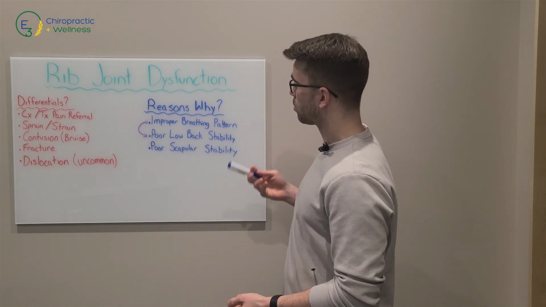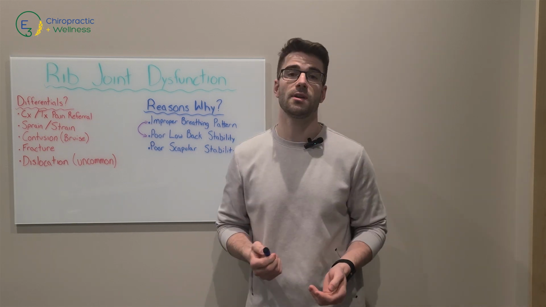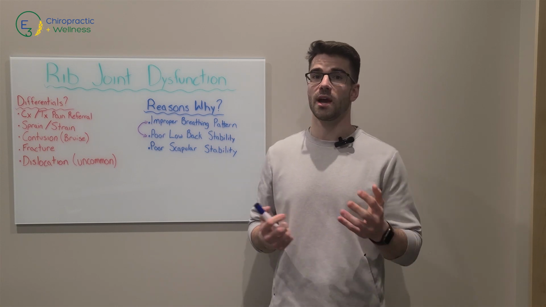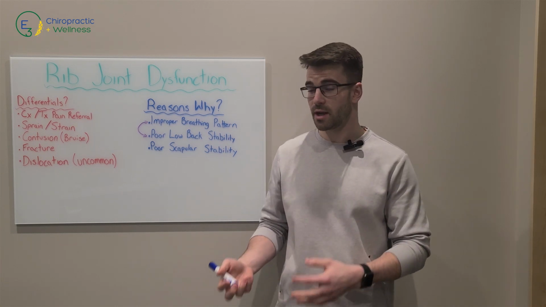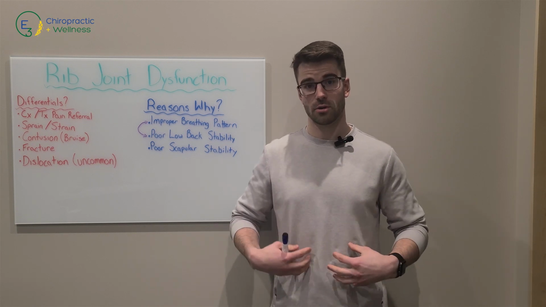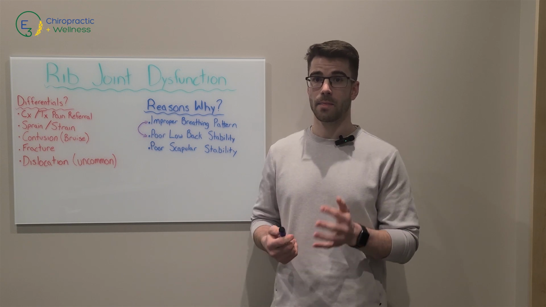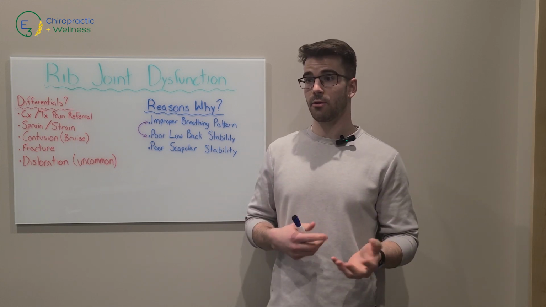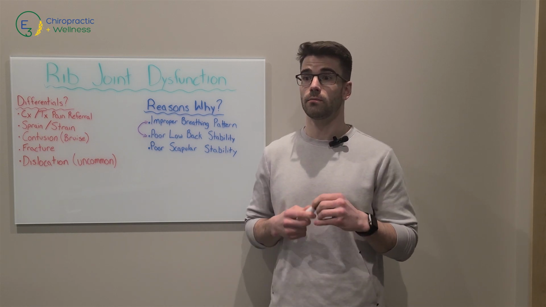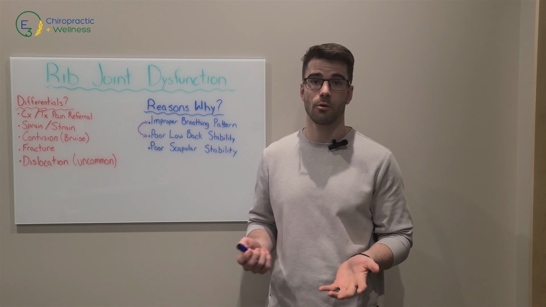We also talk about poor low back stability, and these two go hand in hand, because in clinic we talk about diaphragmatic breathing and how imperative it is to our low back stabilizing strategy. We need to create a lot of intra-abdominal pressure through our abdomen to properly stabilize our low back. When we're not doing that, our body is really good at developing compensation patterns to still achieve the goal at hand, which is to stabilize the low back.